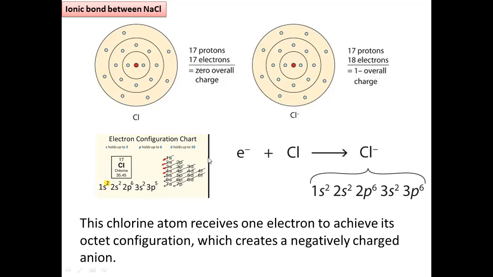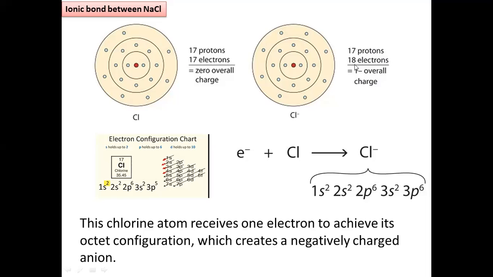So if this chlorine atom is to achieve the noble gas configuration, it must receive one electron. When it receives one electron, it becomes electronegative, because now there are 17 protons, 17 plus, and 18 electrons, that means 18 minus.